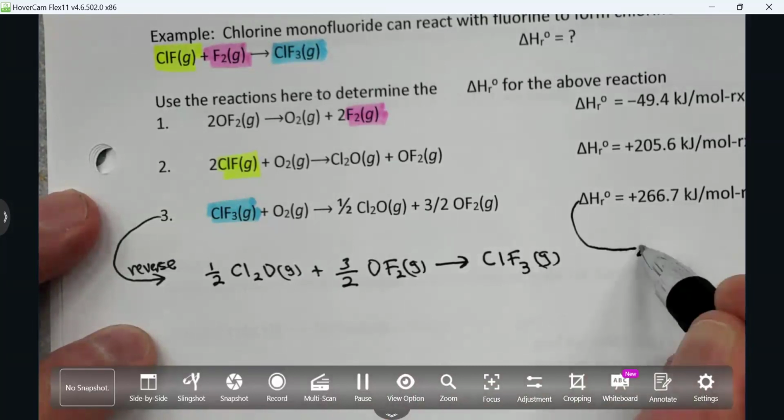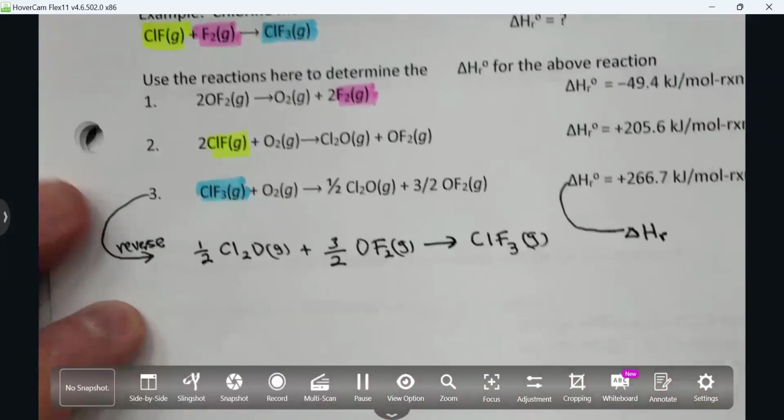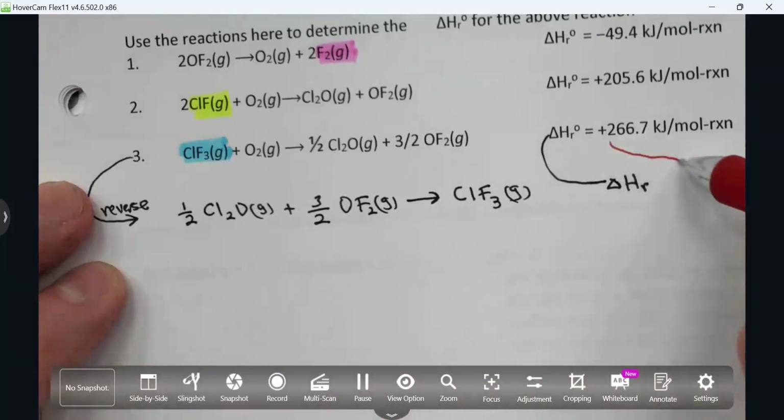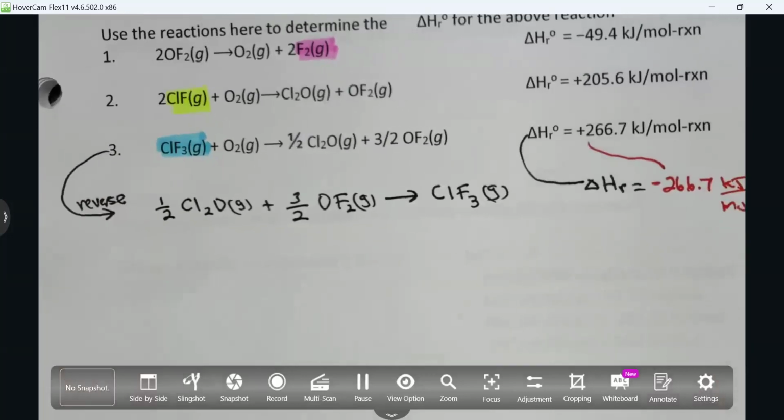And delta H then is going to be negative, correct? We have to change the sign. If we reverse it, we're changing the sign: negative 266.7 kilojoules per mole.